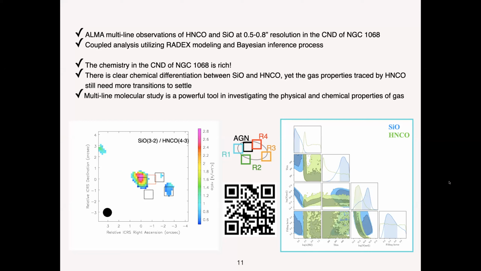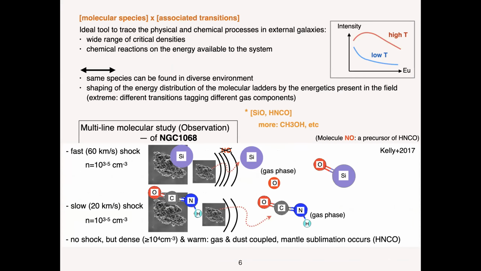The first question is, does HNCO only trace strongly shocked regions like outflows, or can we trace HNCO in slow shock regions too? It depends on how fast a shock you refer to.